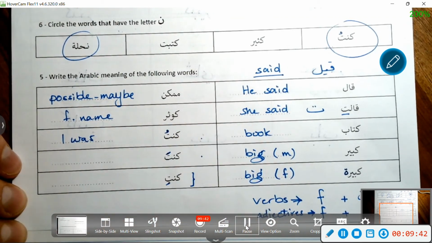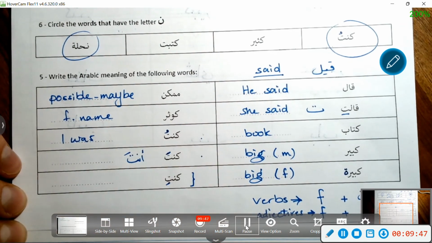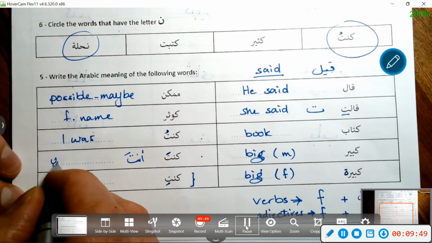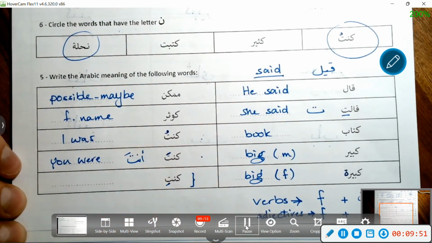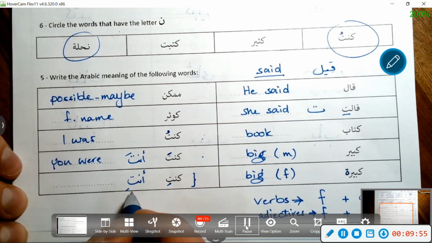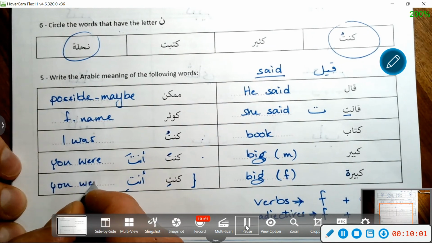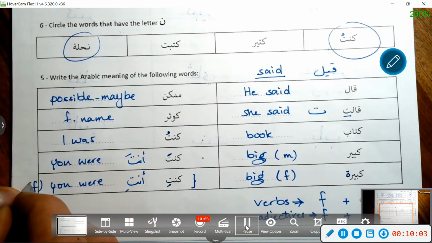Kunta also has the same fatha like anta, so it means you were. Kunti has kasra like anti, and anti is for female. So kunti means you were, but this is the female, that's the male.